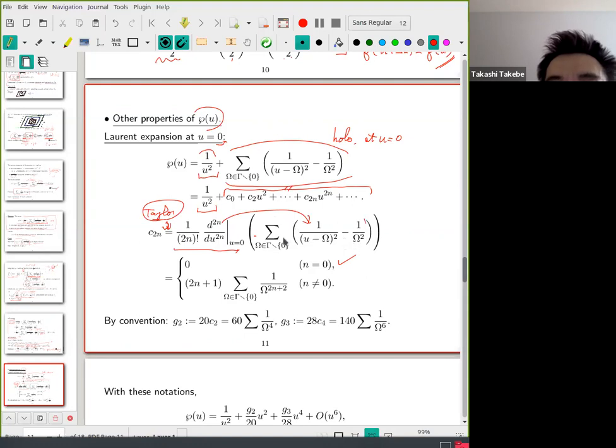And this part vanishes at once, and we have something like this: minus 2, minus 3, 2, minus 2, and so for 1 over 2.